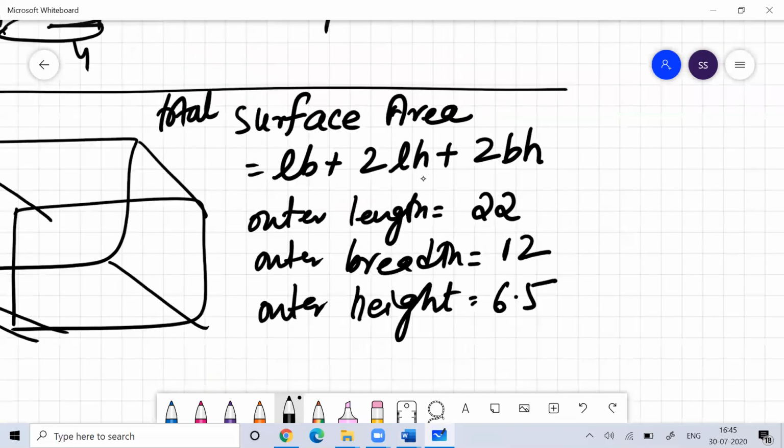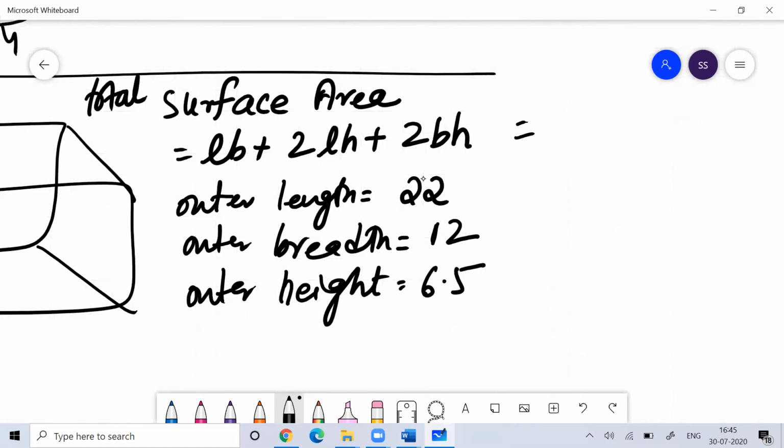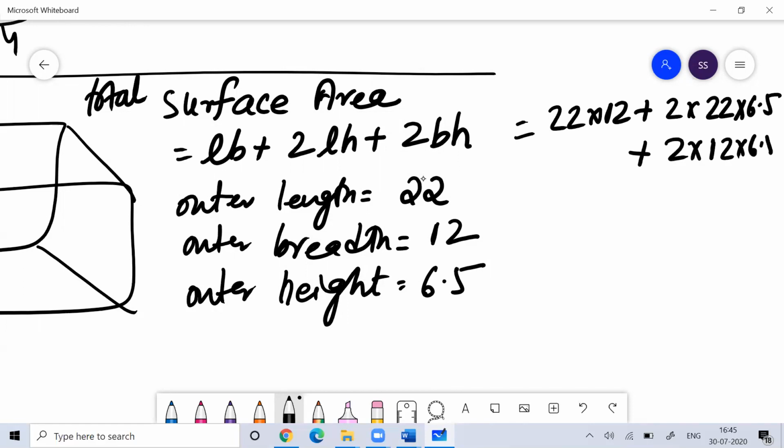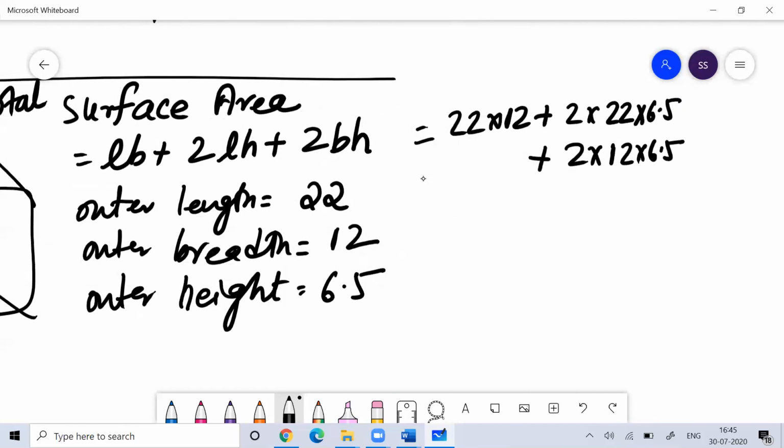So with this I can find the total surface area. That would be 22 into 12 plus 2 into 22 into 6.5 plus 2 into 12 into 6.5. 22 into 12 is 264. 6.5 I can write as 13 by 2, so the 2 gets cancelled.